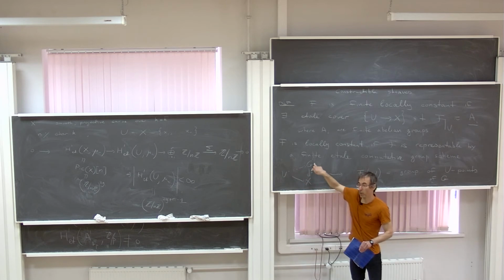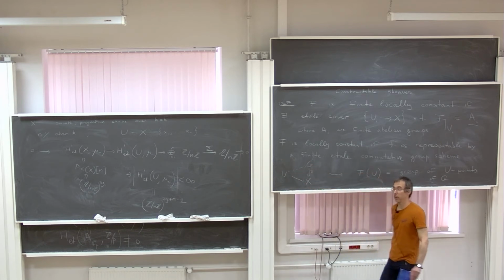These are all morphisms that make this diagram commutative by definition.